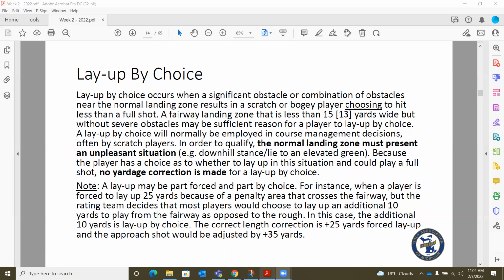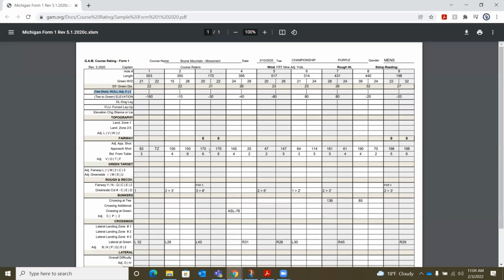So in that example here on our Form 1, we would have our layup of 25, forced layup of 25. And then this though would be 35, so it'd be 180.